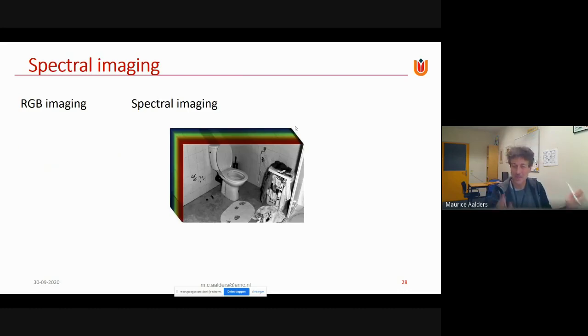And this means with a spectral cube, you can either look at an image of 1 specific wavelength to look at contrast, for instance, or you can select a pixel and obtain a full spectrum at that specific position. That means you can analyze each position in that image.